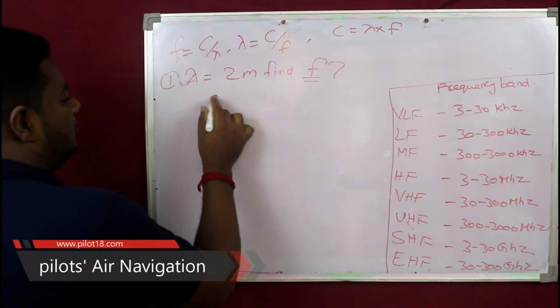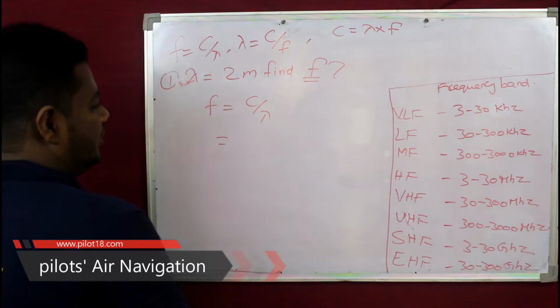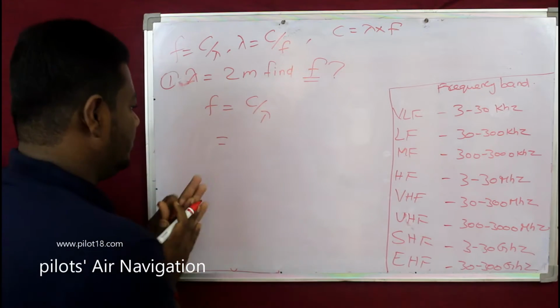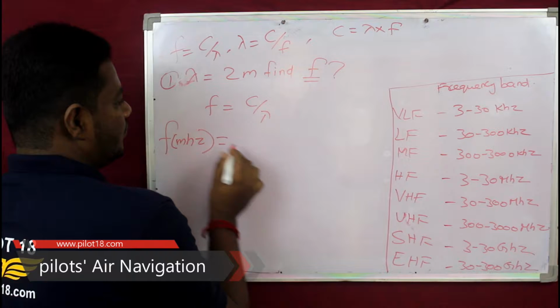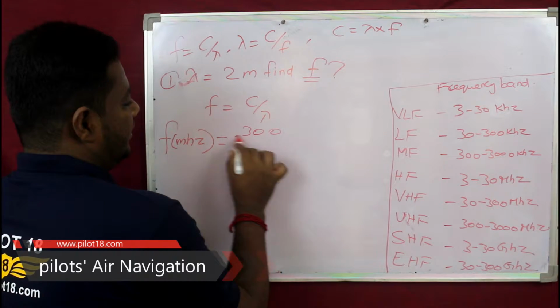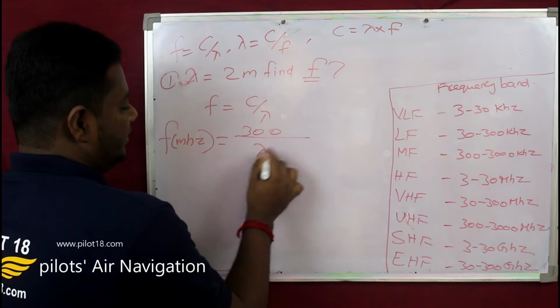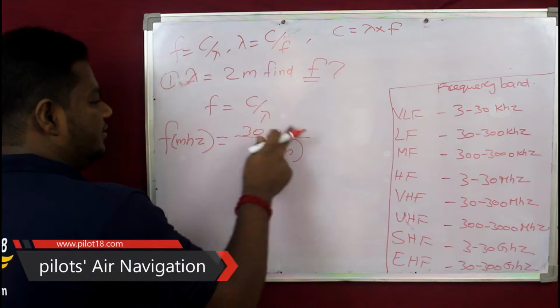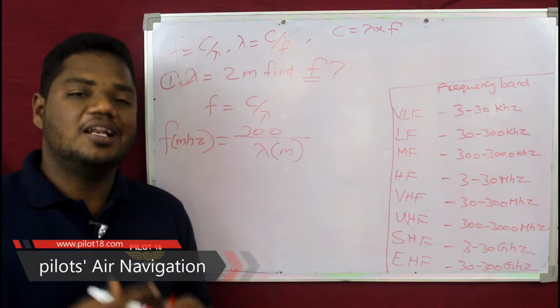Frequency formula, F is equal to C by lambda. Here frequency is in megahertz, C is 300, and lambda is in meter. Why 300? To make the calculation easy.